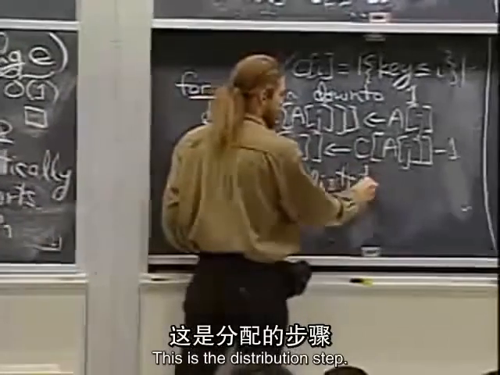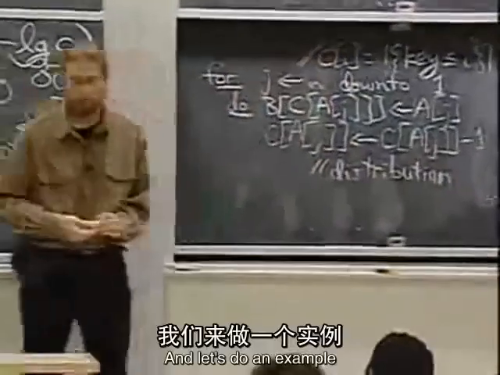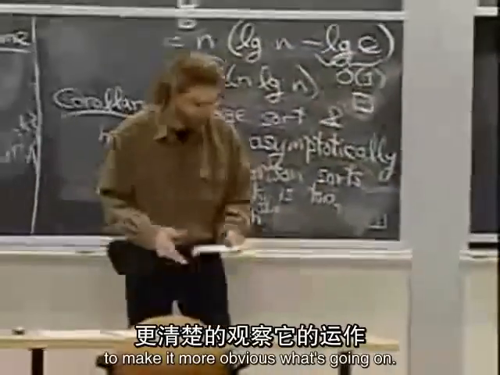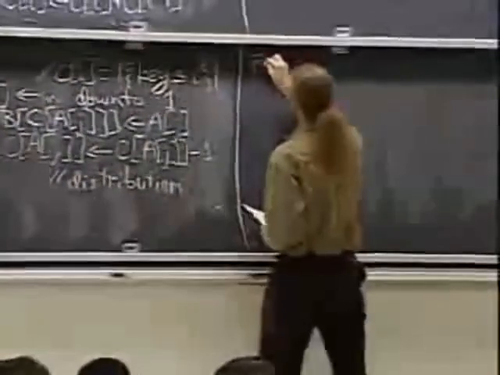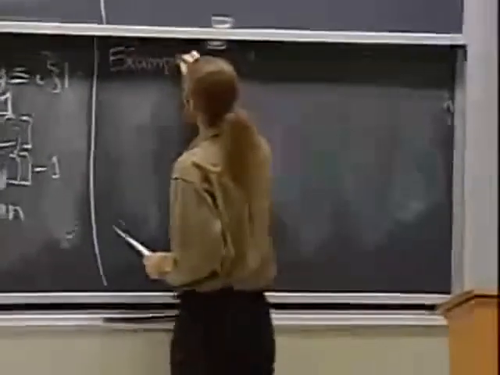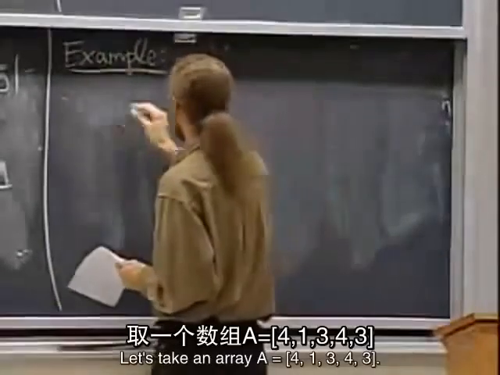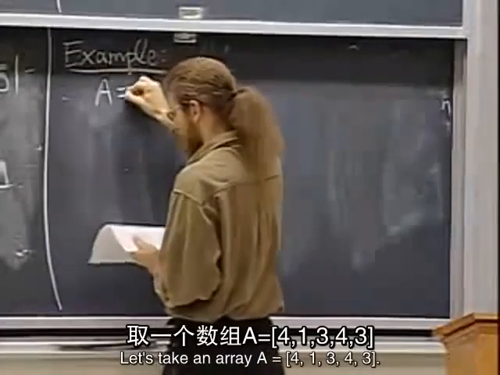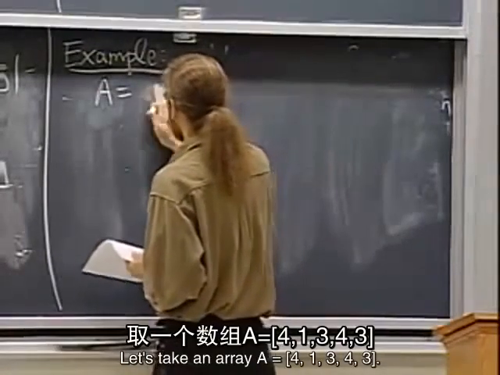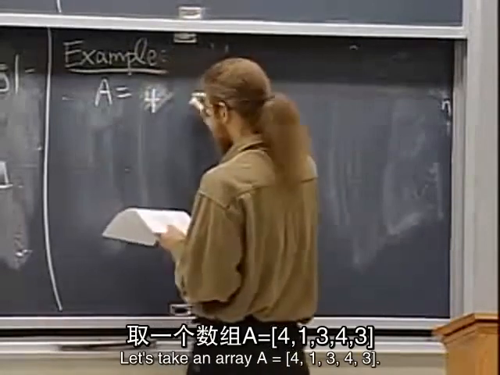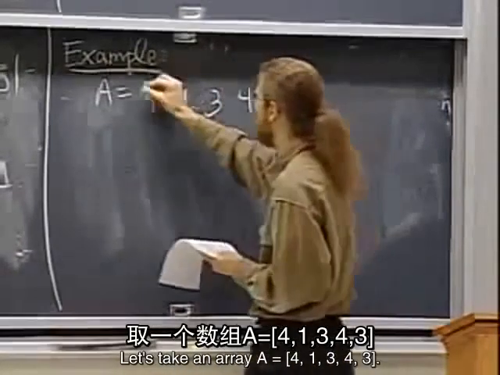This is the distribution step, and it's probably the least obvious of all the steps. Let's do an example to make it more obvious what's going on. So let's take an array A: 4, 1, 3, 4, 3.